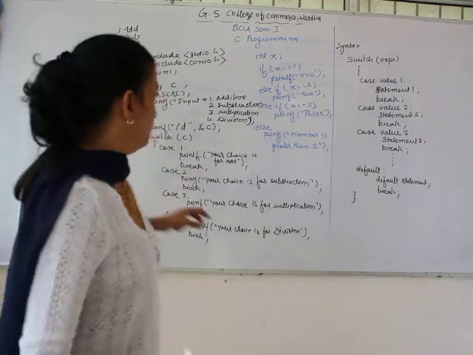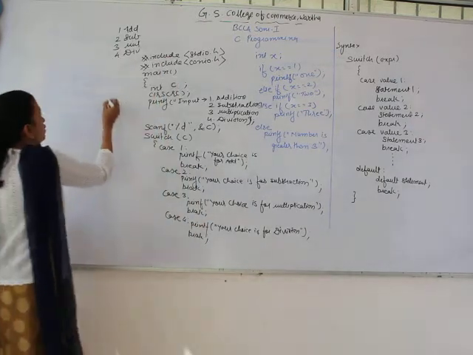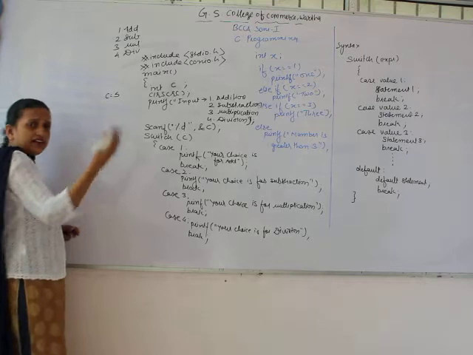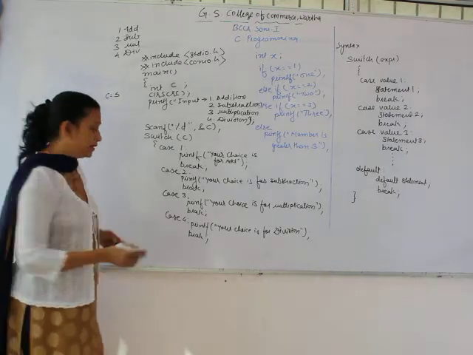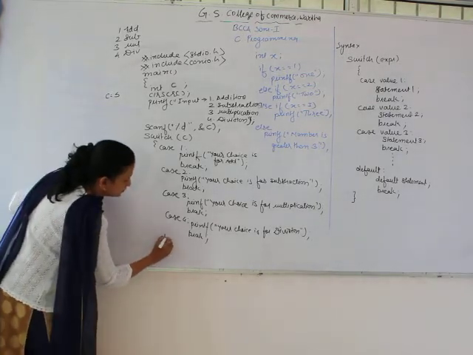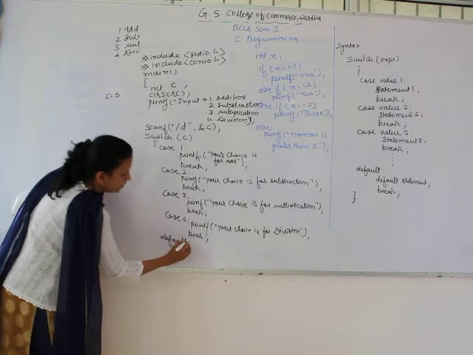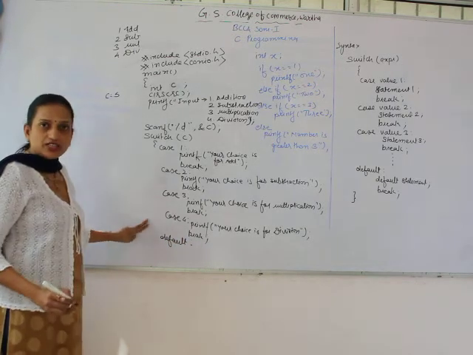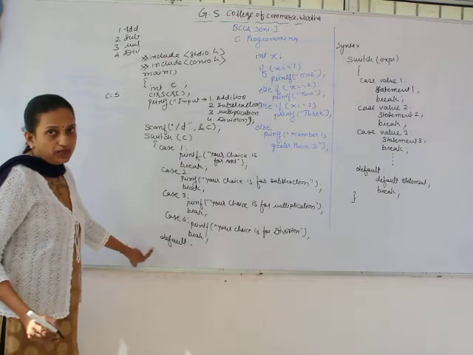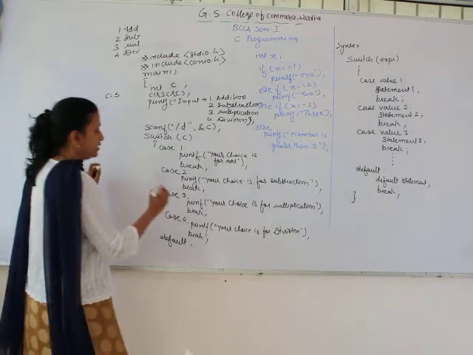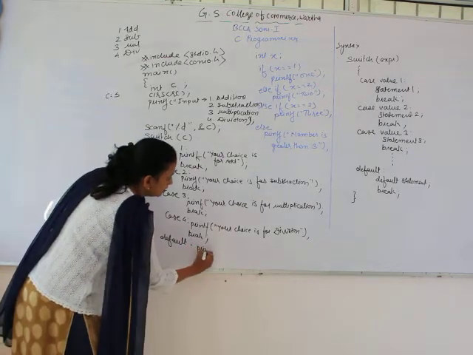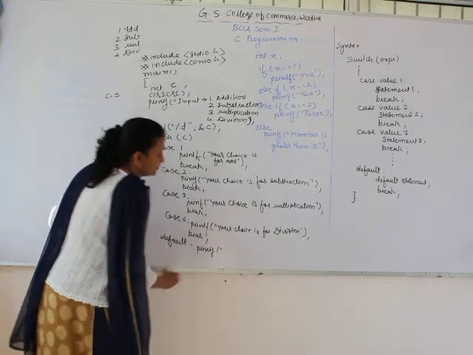Now if the user inputs the value of c as 5 or greater than 4, then what will happen? The default. Whatever you want to print if none of the given conditions is satisfied, it will execute the default statement, and in default I am writing printf invalid choice.